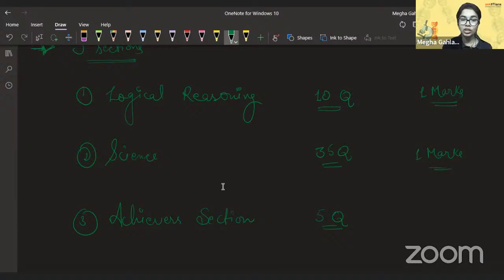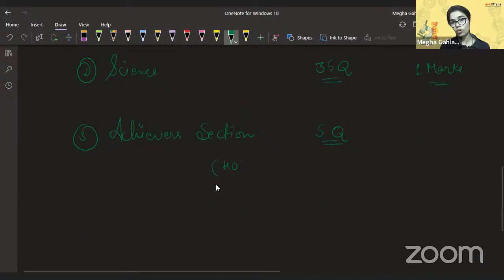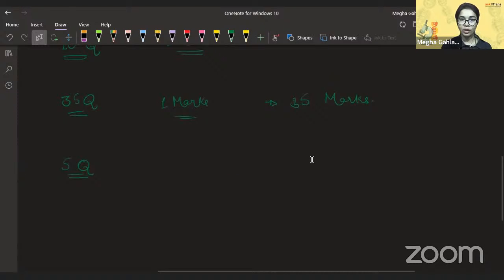Now remember, this achievers section would have the HOT questions, that is the higher order thinking questions. We would be doing different sort of questions which you would be encountering in these Olympiads as well, so you don't need to worry about that. For now, we just need to know how exactly the marks are.